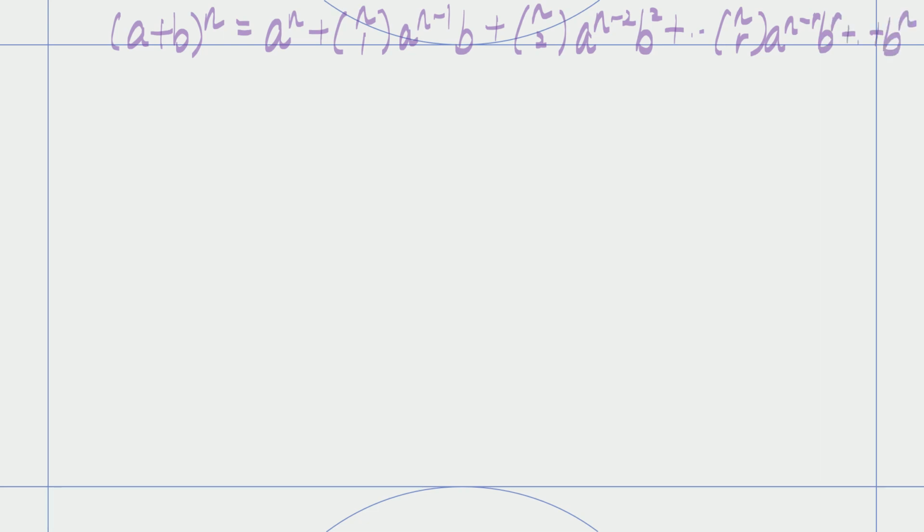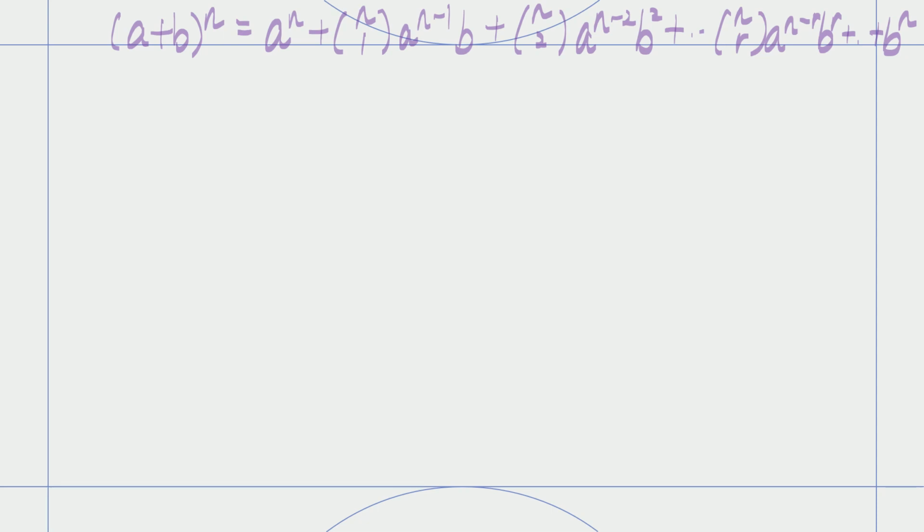All right, so what we're going to do next is that we're going to use the special form we learned earlier on to come up with this general form of the binomial theorem.